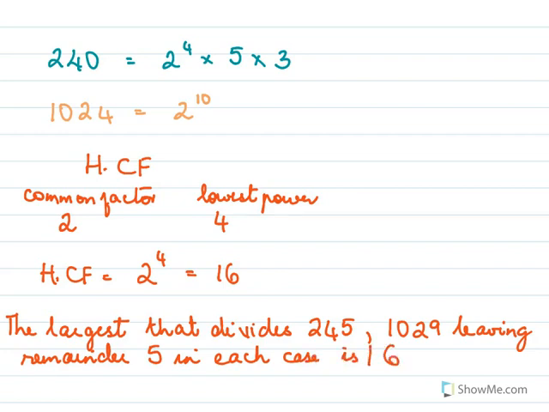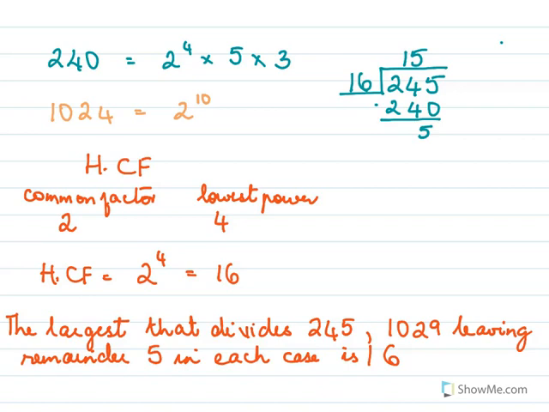Let's just check and see if it's correct. Let's take 245 and divide by 16. If you do this division, you'll see you get 15. You'll get 240 and it will leave remainder 5.